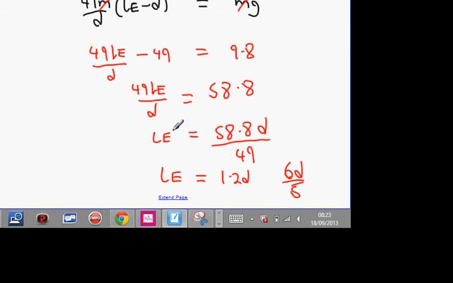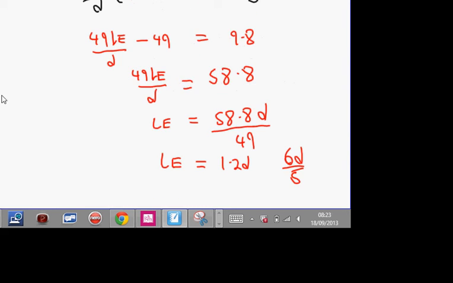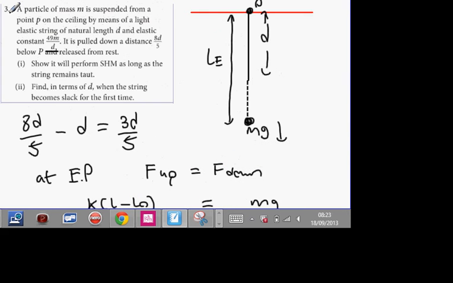So what we've proven here is that its equilibrium point is 6d over 5. We'll shade this in red as well. So at its equilibrium point, where the forces are balanced, which is here, that is 6d over 5.